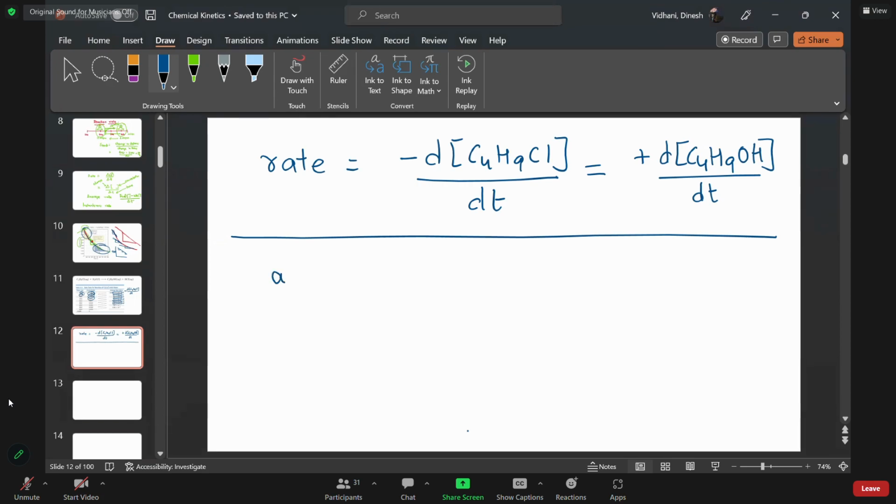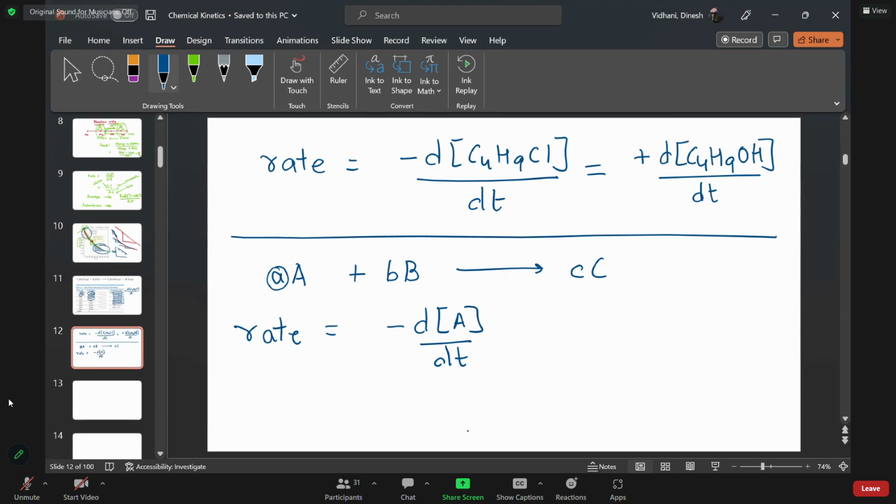Suppose you have a moles, with a small a that tells you the coefficient of reactant A, reacting with b moles of B, giving you c moles of your product C. In this case, if I write down the rate, I can simply write it as that.